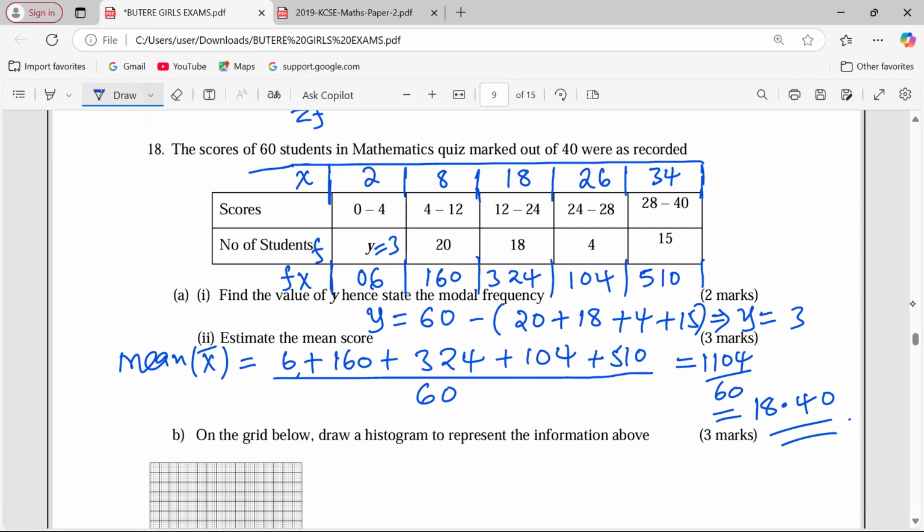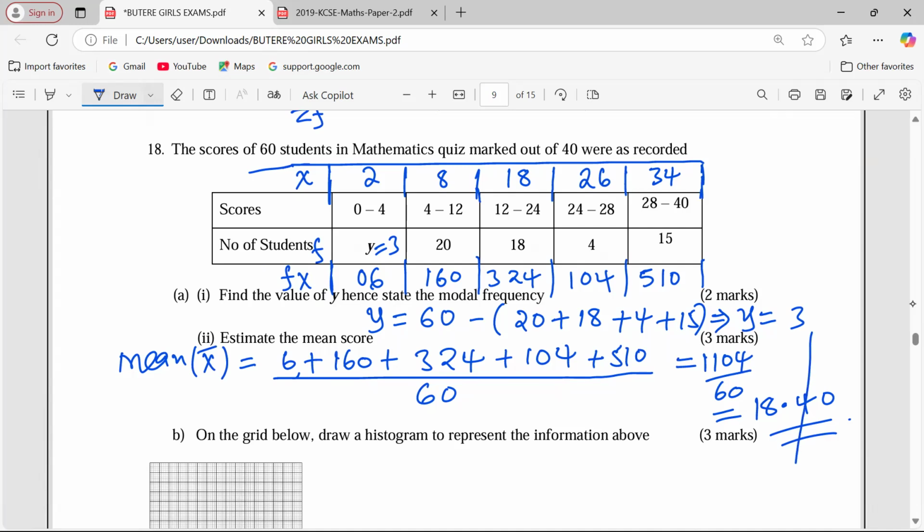Again, in the next class, between 4 and 12, there are 20 students. We don't know where they exactly lie, but we have taken the midpoint, 8, so we assume all of them scored 8. Then we multiply by 20 to get the marks in that class. So we are doing an estimation.